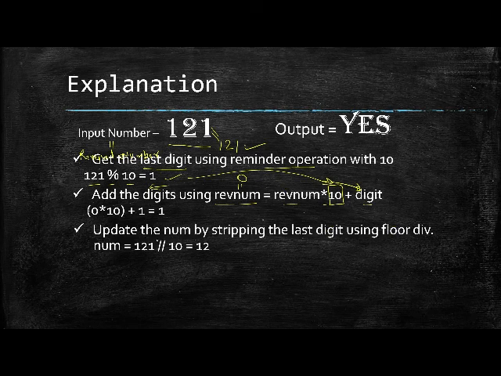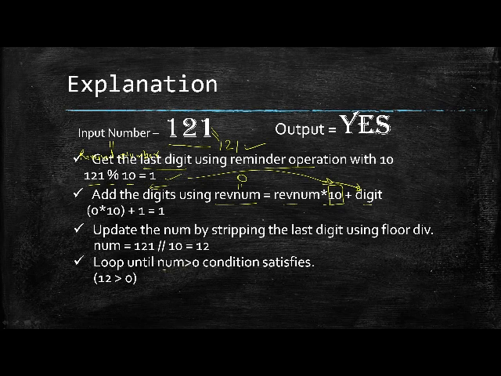The next step is to check the loop condition. The loop condition is num greater than 0. It is nothing but this input num, but each time in the loop we have to keep on updating this num. So how do we do that? Each time we will strip off one of the digits, and the number will be updated to the remaining digits.